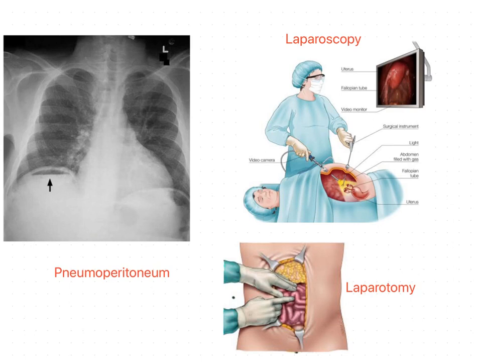If they make a hole to insert equipment or instruments, there may be a chance of getting air into the peritoneal cavity. Here in this X-ray, this is the right hemidiaphragm and this is the left hemidiaphragm. Below the right hemidiaphragm you can see some air bubble, which is present in the peritoneal cavity.